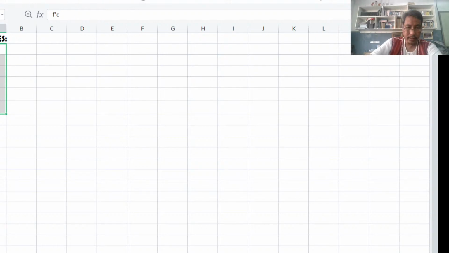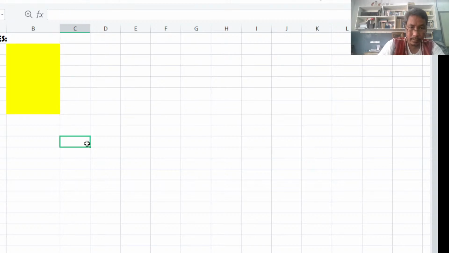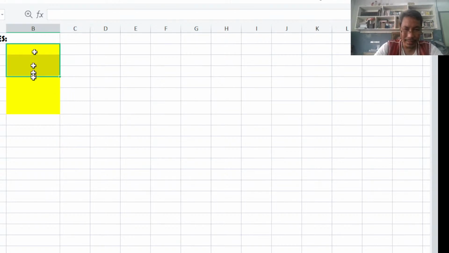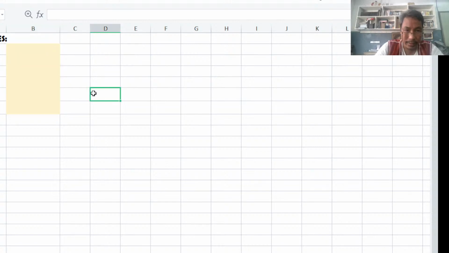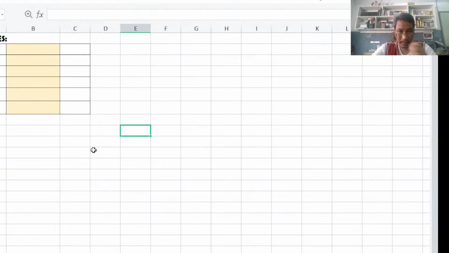So let us do this. We have to input the values here. So let us color this yellow. That is a color that is not good for the eyes, so let us make it a little bit better. Let us put the box.